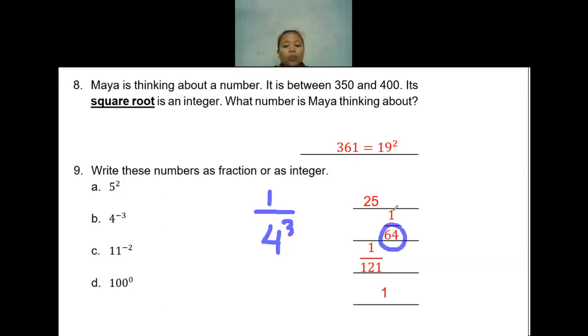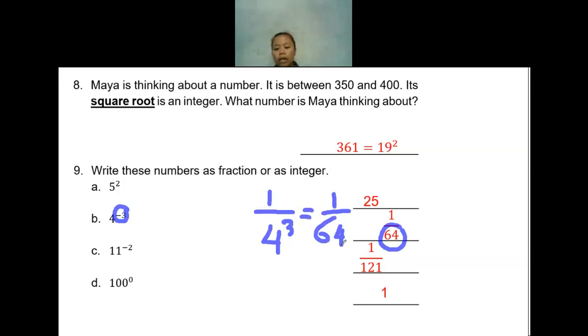That's why I got 1 over 64. Why does it become 1 over 4 to the power of 3? Like I told you before in the previous slide, when the power is negative, just change it into a fraction. The number will move into the denominator without any negative sign. 4 to the power of 3 is equal to 64, so I can write it as 1 over 64.